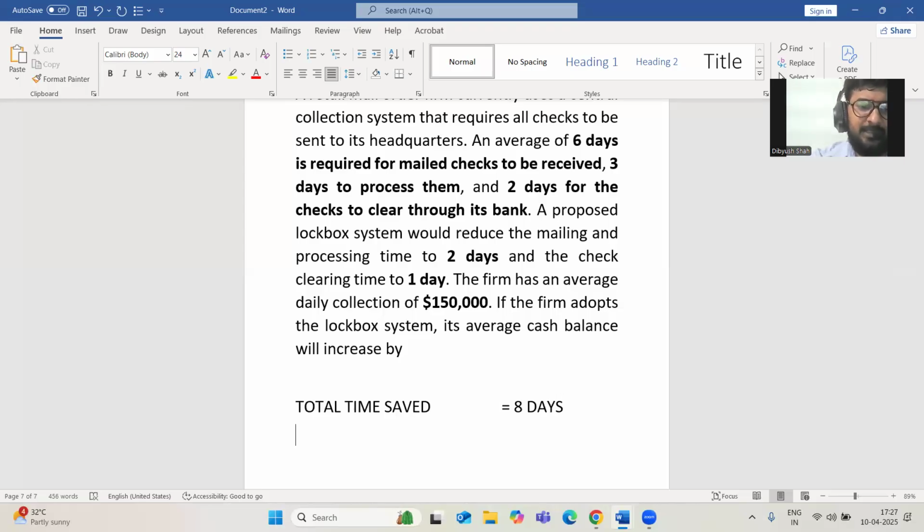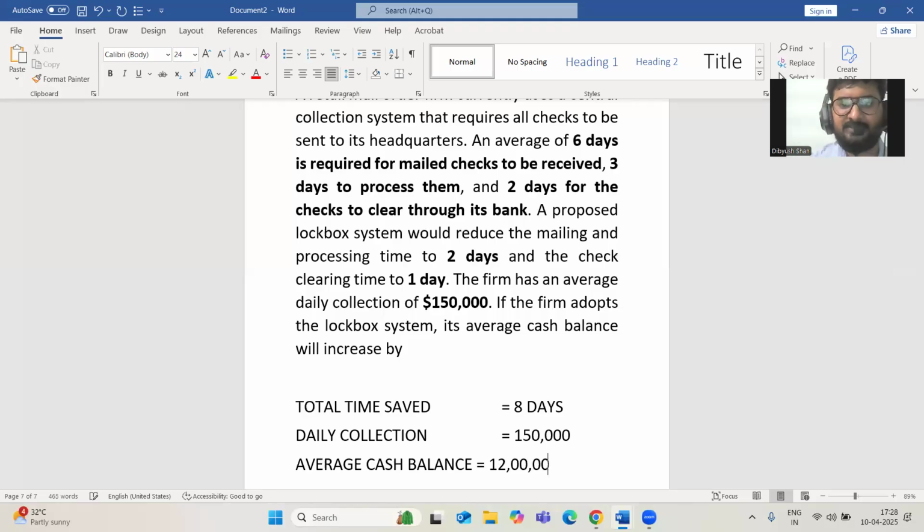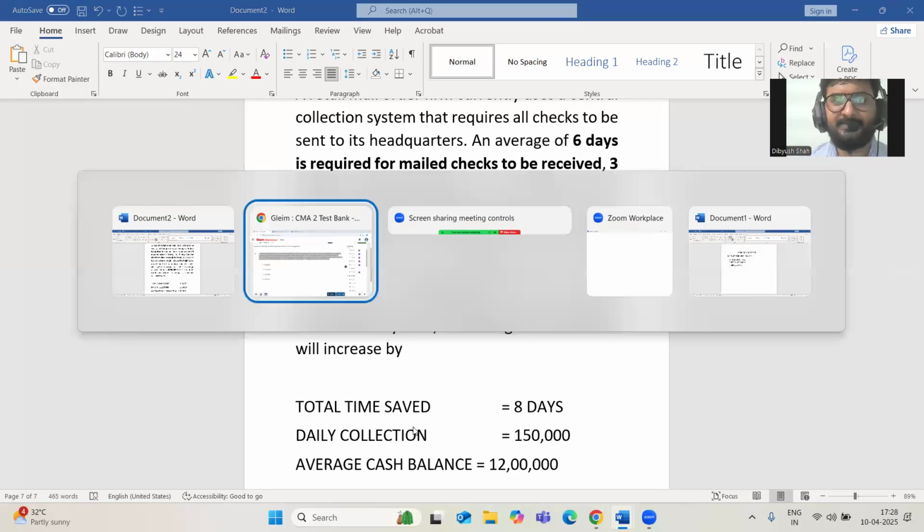And daily collection is 1 lakh 50,000. My total cash balance increase throughout the year will be 1 lakh 50 into 8, that is 12 lakh dollars, or $1.2 million.